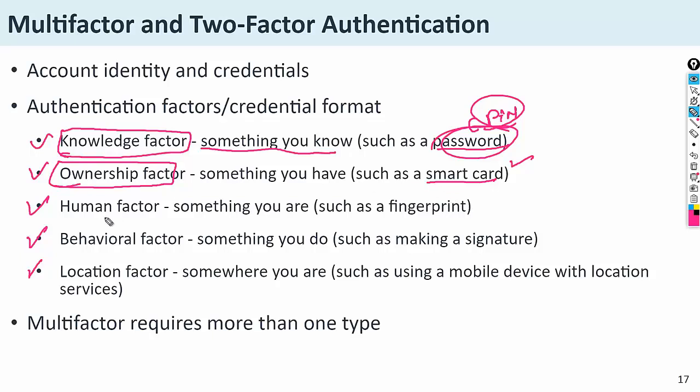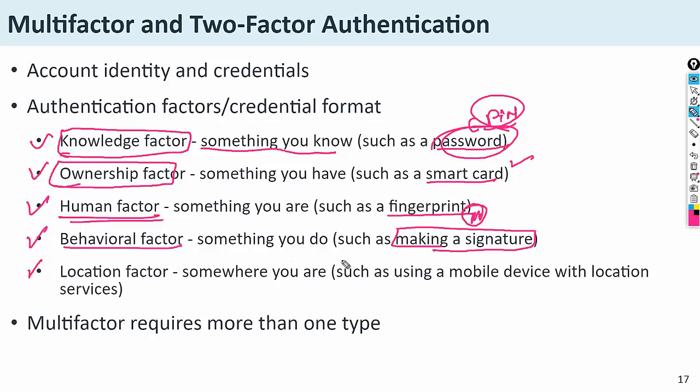What you are is the human factor, like a fingerprint. Only you have it, no one else has the same thing. Your fingerprint, your iris, your voice are considered human factors. And the behavior factor means, for example, making a signature on an image.